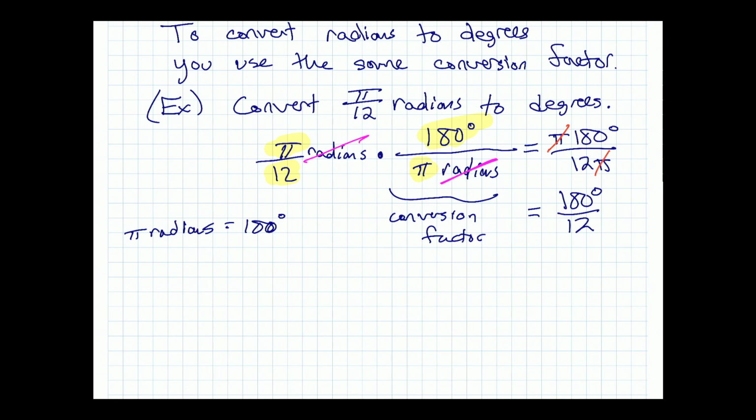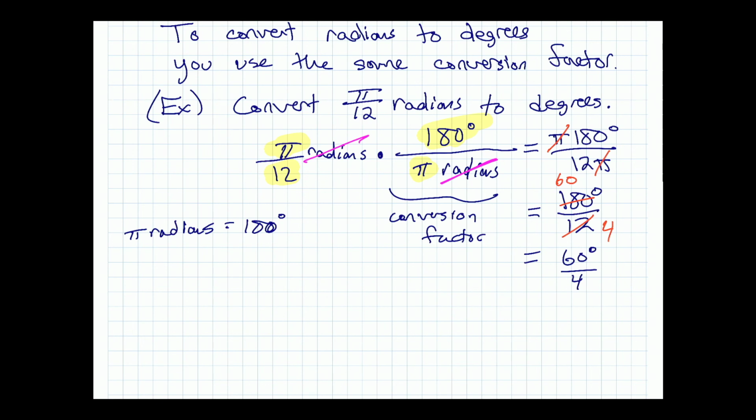Now, grab a calculator, something like that, see if it goes in evenly. I don't have a calculator in front of me, so I'll just do this by hand. So I think that 3 goes into both of these. So 3 goes into 12 4 times. 3 goes into 180, I think 60 times. So then I've got 60 degrees over 4.